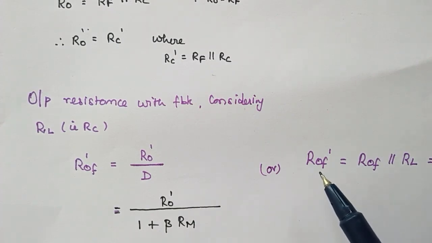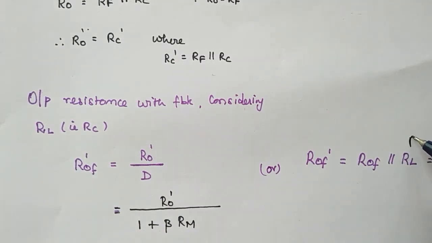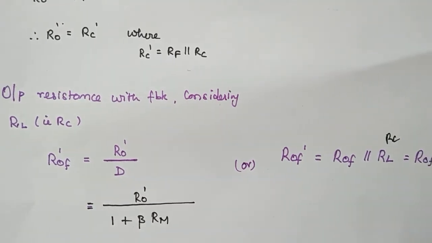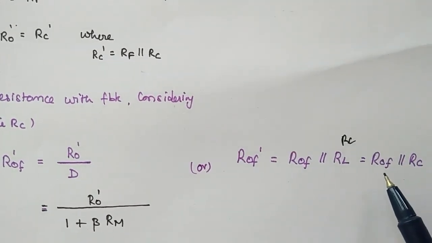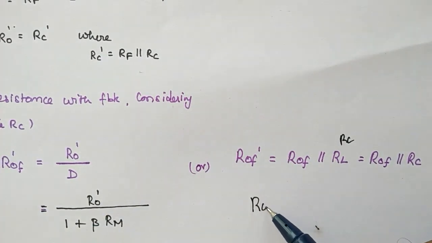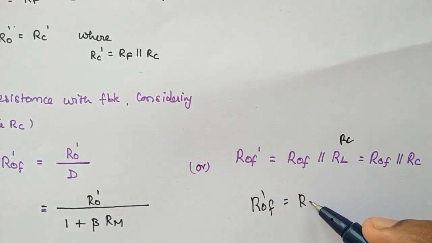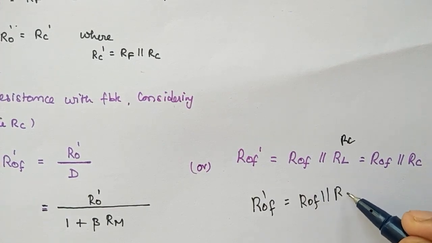Otherwise, I can write ROF dash is equal to ROF parallel to RL. What is RL here? We can replace it with RC. Hence, the final expression is written as ROF parallel to RC. So finally, I can write either this expression or ROF dash is equal to ROF parallel to RC.